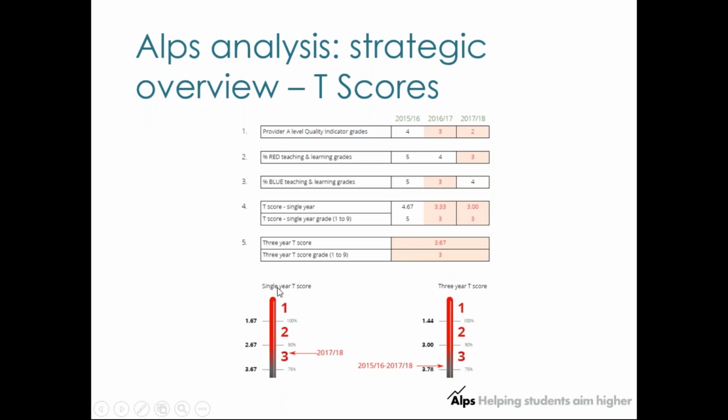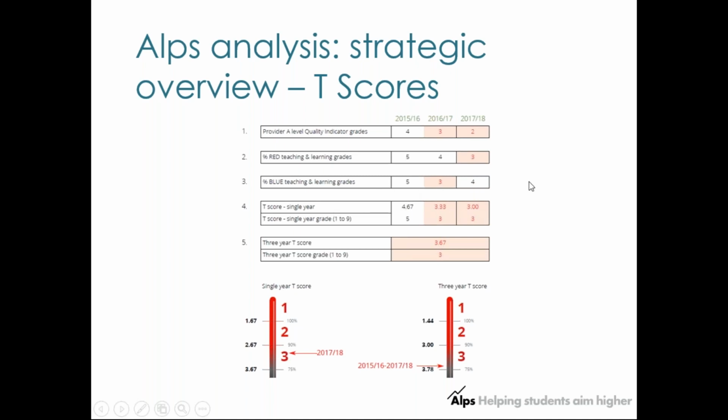So here we have those analyses again. You can see your provider A-level quality indicator, and the school has made great strides over the last 3 years. You can see here red teaching has also improved. Blue teaching has fluctuated a little bit.